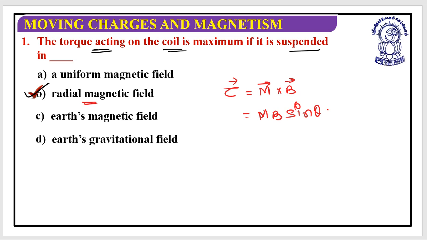In a radial magnetic field, theta would be 90, where the torque is maximum, equal to m b. So the torque acting on it is maximum if you have a radial magnetic field. I hope this is clear.